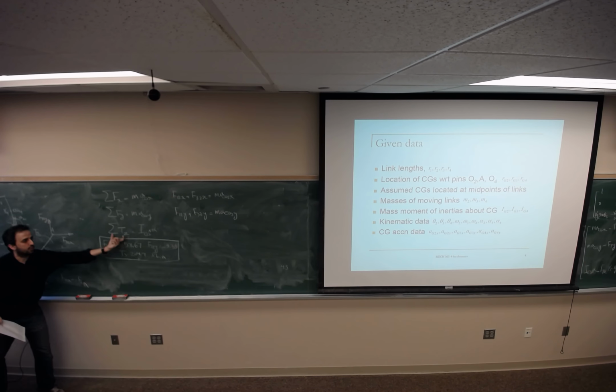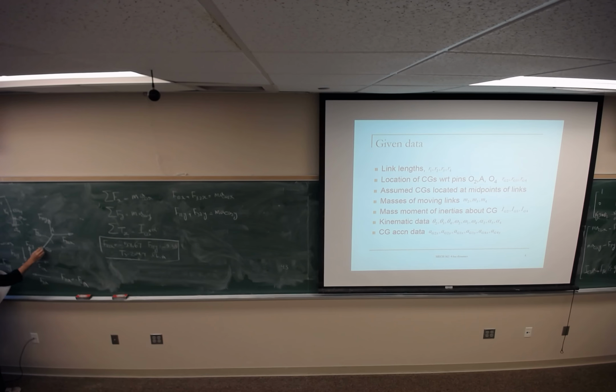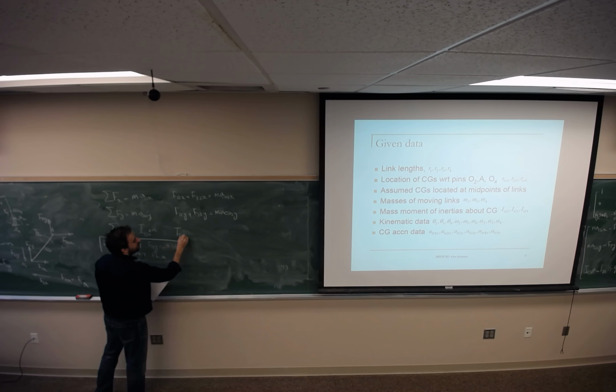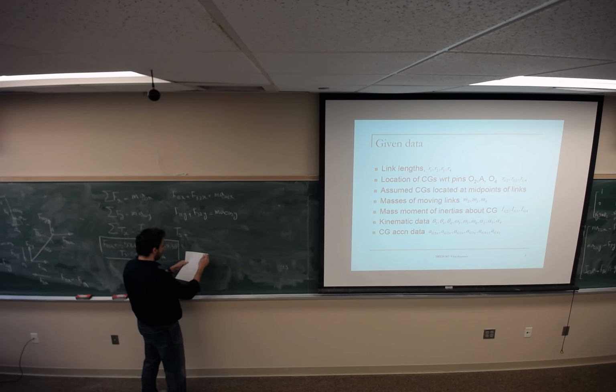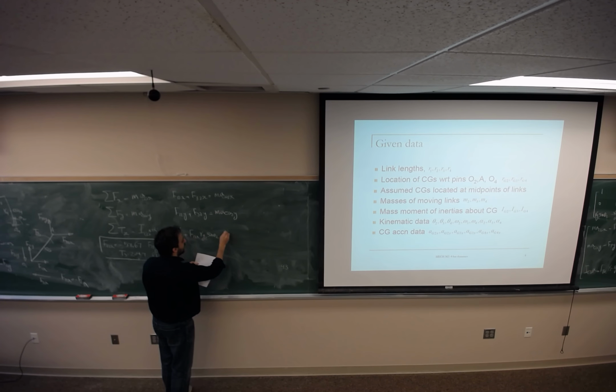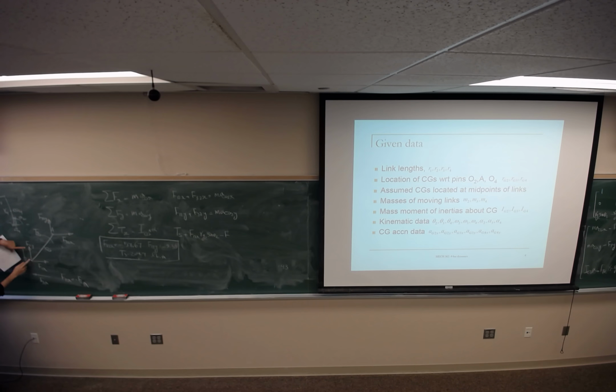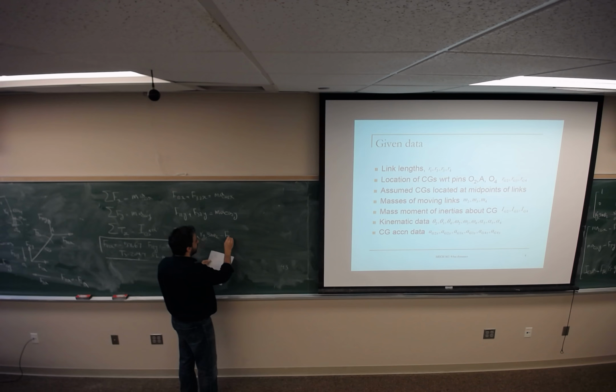Last equation: what would be the torque applied about the center of gravity? First, the external torque. It has a positive sign because we assume it's applied in the counterclockwise direction. Then this force times this distance. I'm just writing the equation; you know how to derive that. F12x Rg2 sine of theta 2, minus this force times this distance, which makes clockwise, so it's negative: negative F12y Rg2 cosine of theta 2.